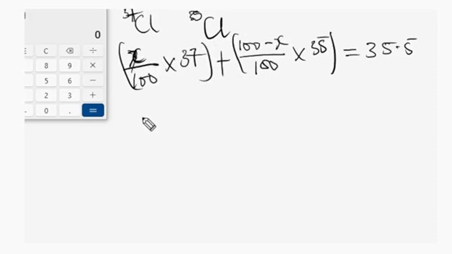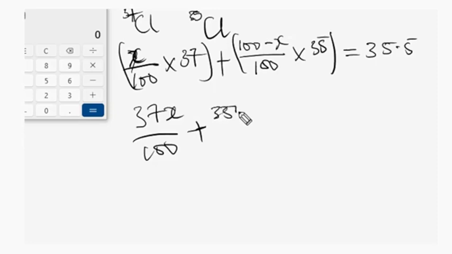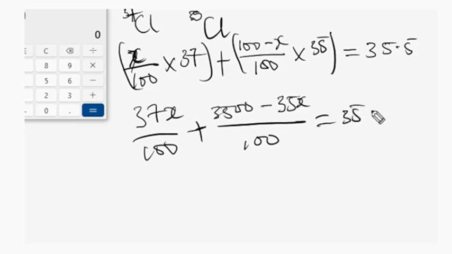Okay, so guys, the next thing we are going to do here is to multiply out. So we are going to have 37x over 100, then plus 35 times 100 is 3,500, minus 35 times x is 35x, over 100, and this is equal to 35.5.